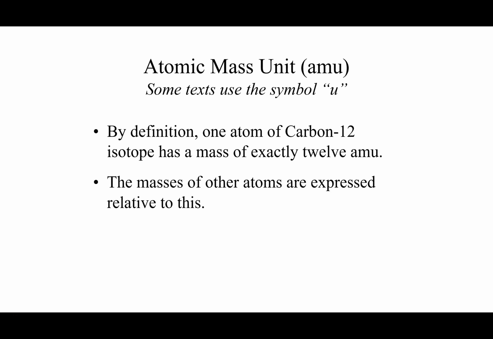Just for kicks, let's kind of look at one carbon-12 atom. This is the nucleus of my carbon-12 atom. How many protons are in there? What do you think? 6. Yep. Okay. If it's neutral, how many electrons are there?